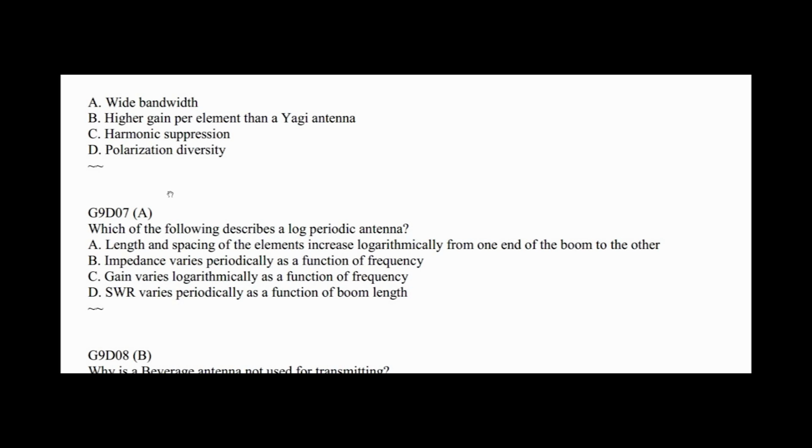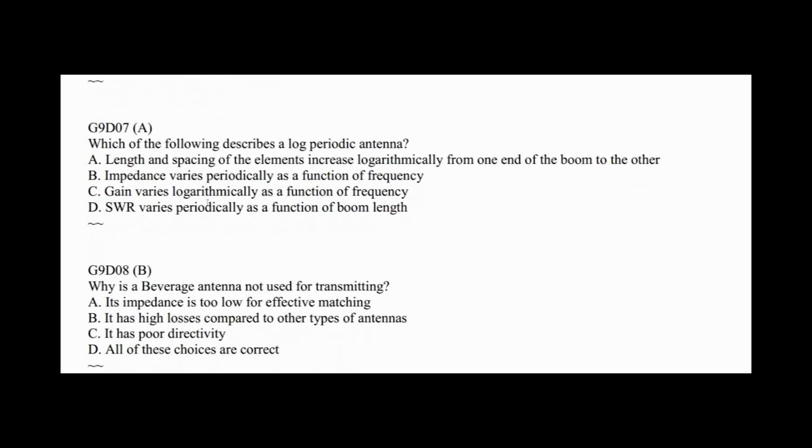G9D07. Which of the following describes a log periodic antenna? It's got a huge number of elements typically, and they vary from very short to very long. So the length and spacing of the elements increases logarithmically from one end of the boom to the other. So the spacing changes, as does the length of those elements.